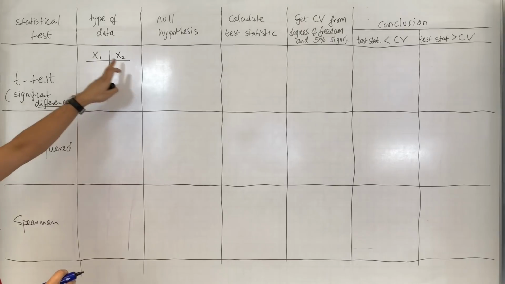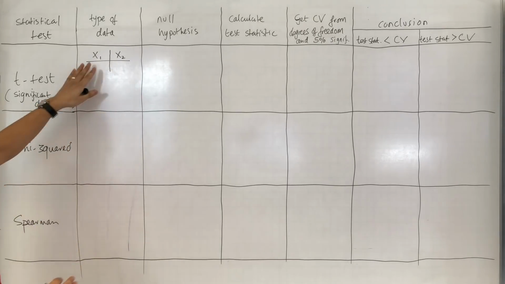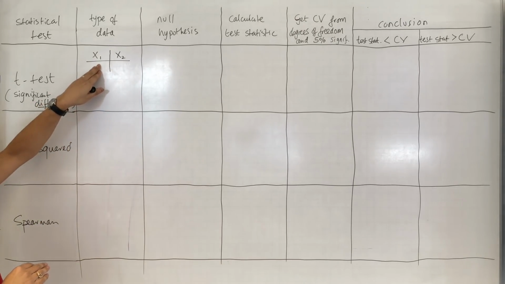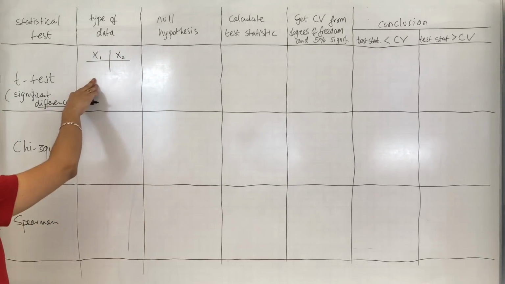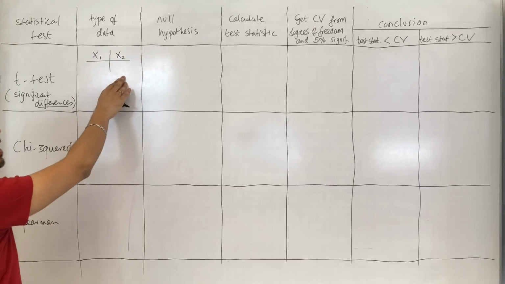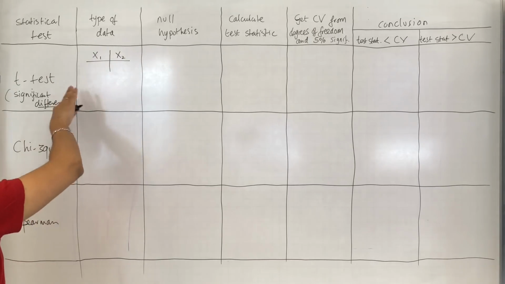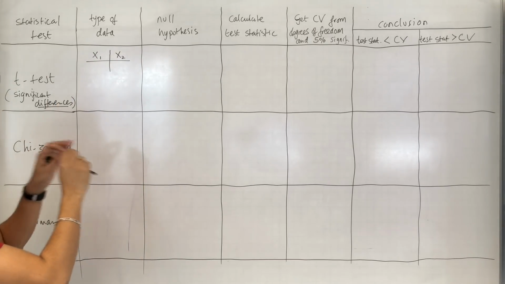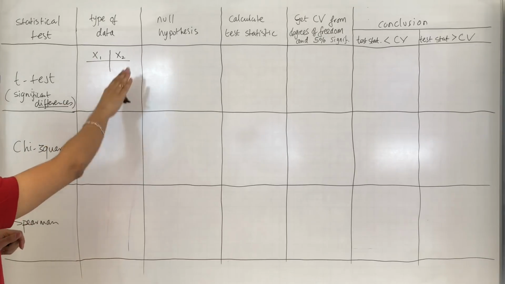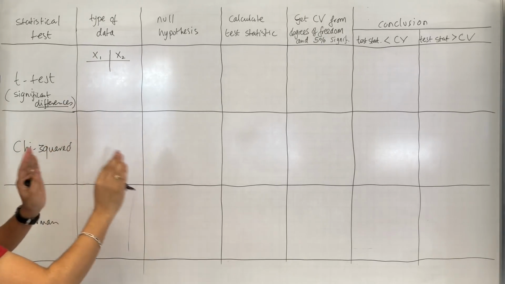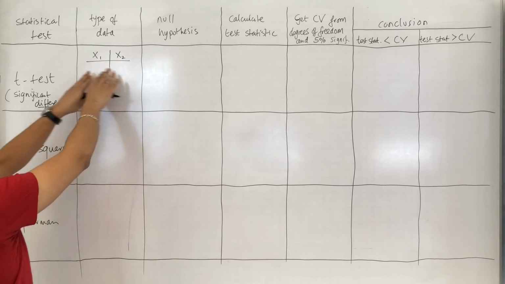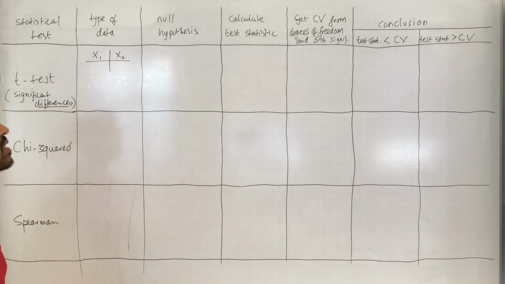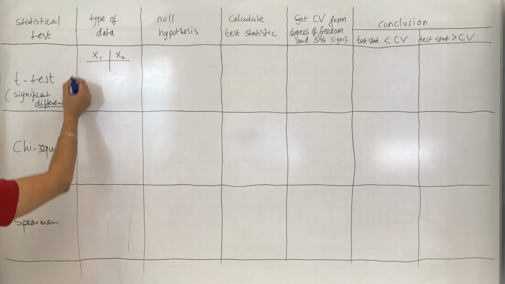So it's the same variable: shell size of population A, shell size of population B, the height of population A versus the height of population B. Whenever you're comparing the same variable in two different populations or two different sets of data, but it's really measuring the same thing, that's when you've got a t-test. Okay, so that's the first thing.